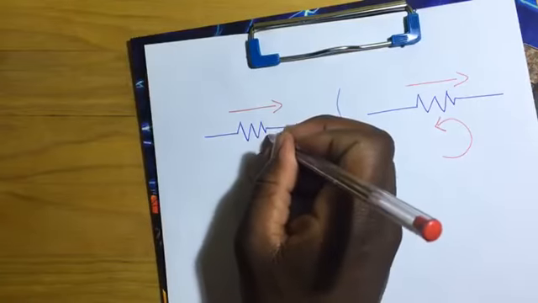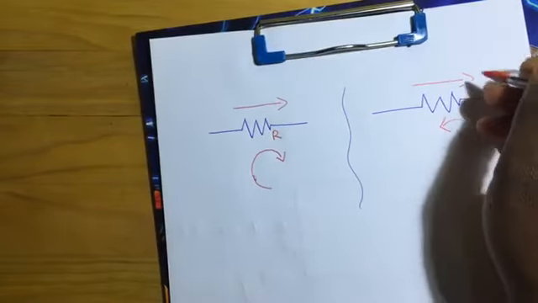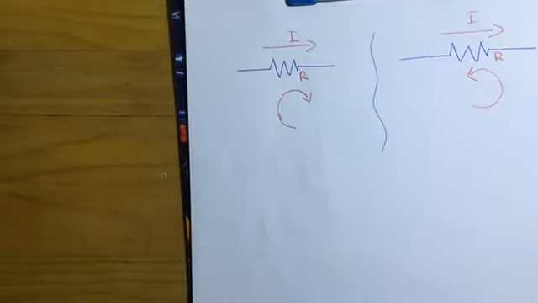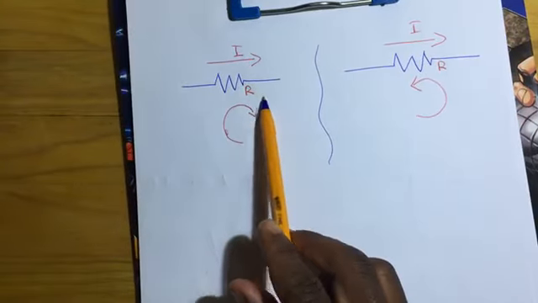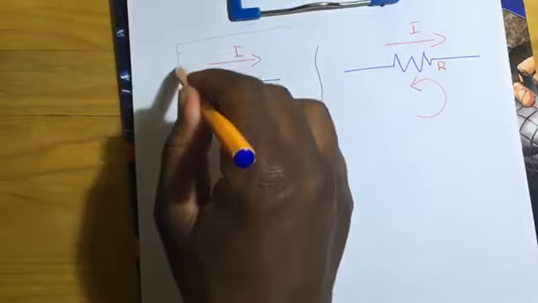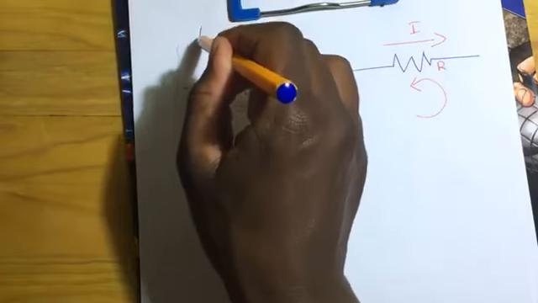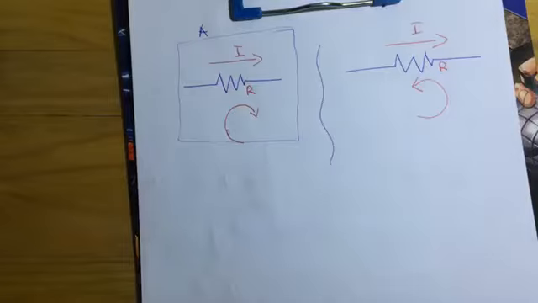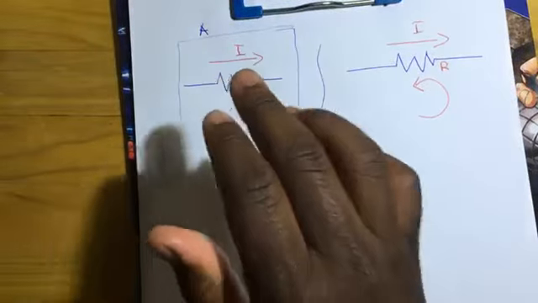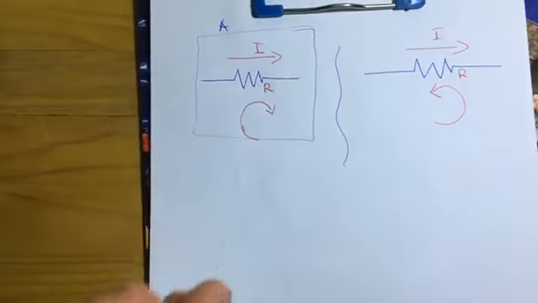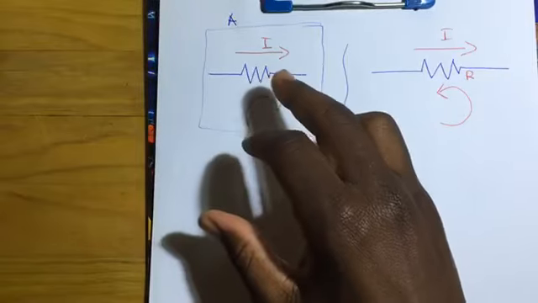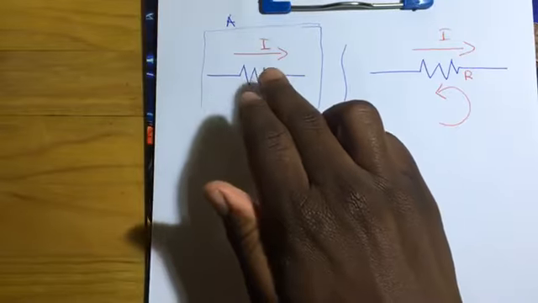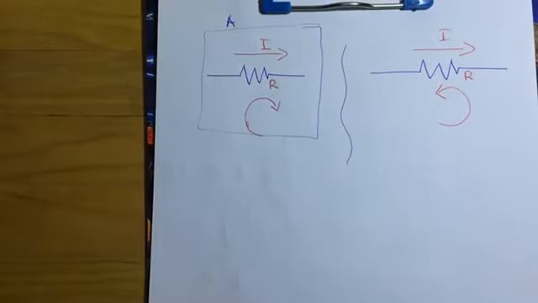This is going to be a resistor R. This is going to be a resistor R. Current I. What two letters would represent the voltage across this setup, across setup A? Instead of using letter V, what other two letters can I use? Okay, that would still represent letter V across this resistor.